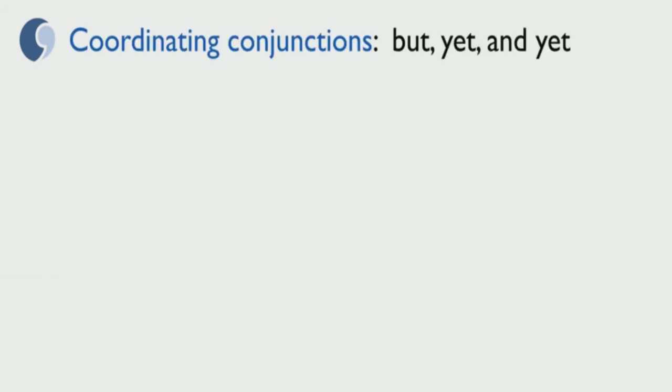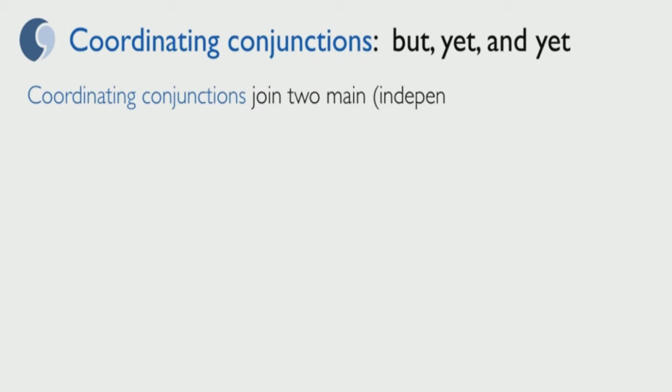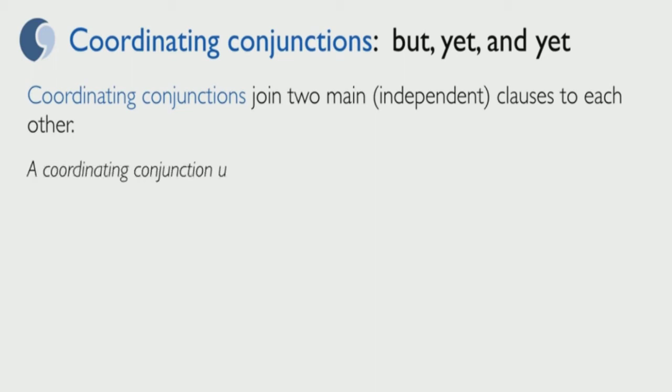Okay, let's start by looking at coordinating conjunctions: but, yet, and yet. As you remember, coordinating conjunctions join two main or independent clauses to each other. A coordinating conjunction usually comes after a comma between the two clauses.